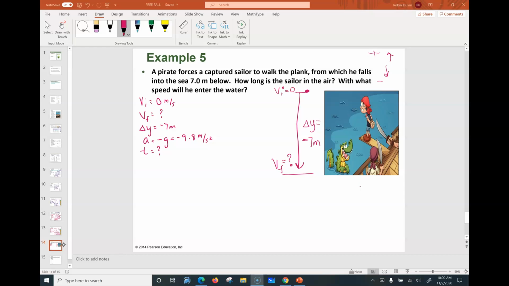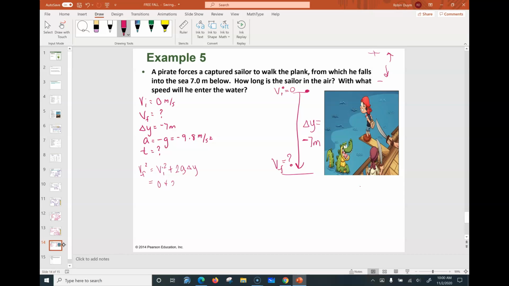Okay, so it doesn't matter which variable you find first, but I'll give you a little hint that it's easier to find VF and then use it for time. So what we're going to do is VF squared equals initial velocity squared plus 2a delta y. 2g delta y. Okay, so my final velocity I'm going to find. My initial was 0, so that's good.